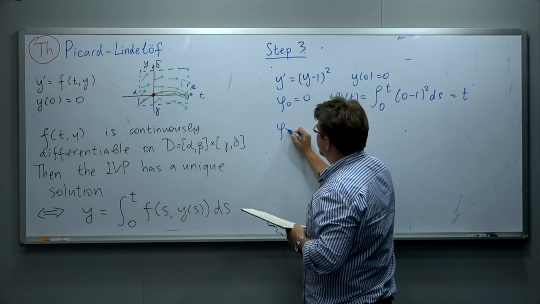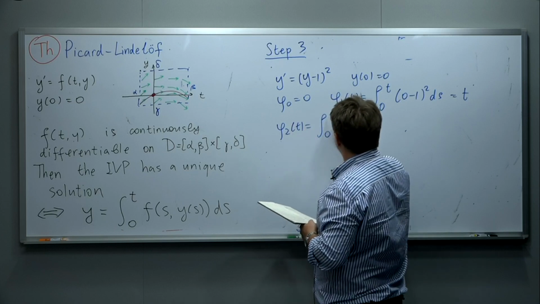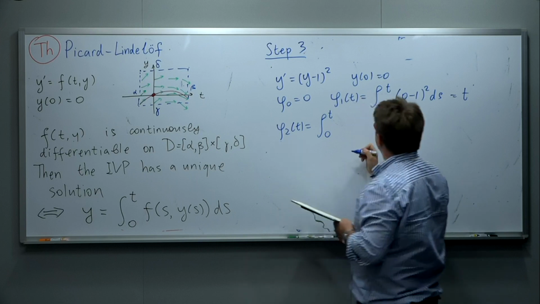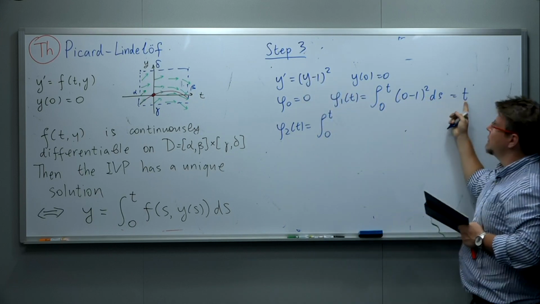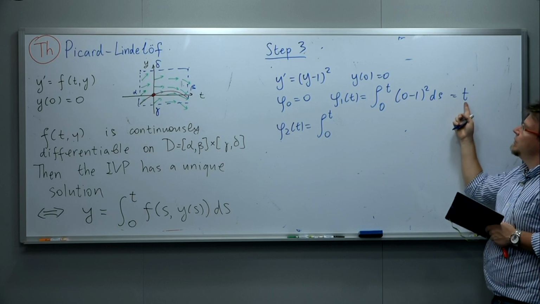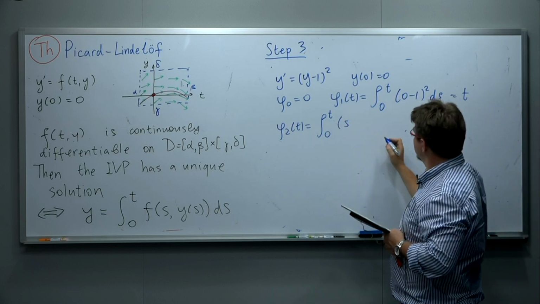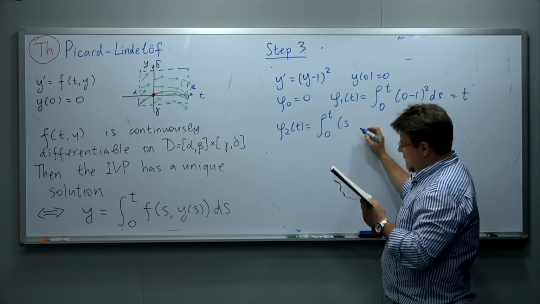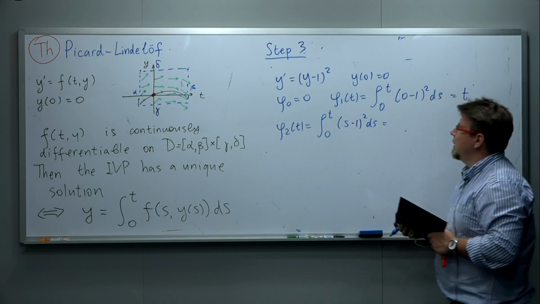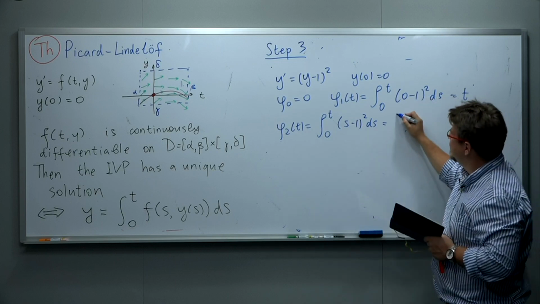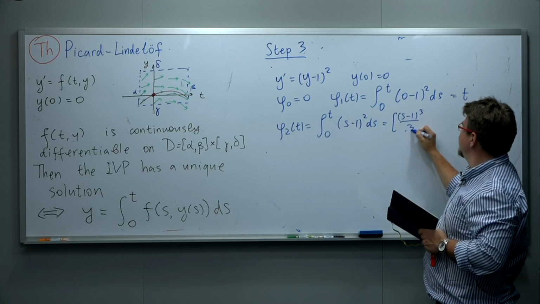But look at phi 2. Phi 2 of t is the integral from 0 to t of this, where instead of y we write the previous function, now as a function of s. So it should be s minus 1 squared ds. Now the antiderivative is s minus 1 cubed over 3.